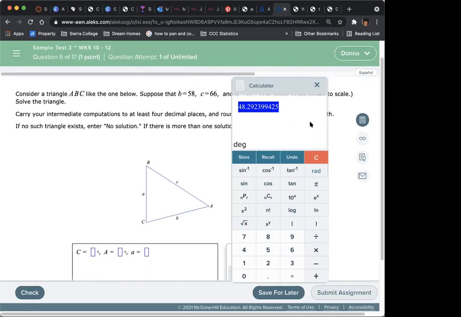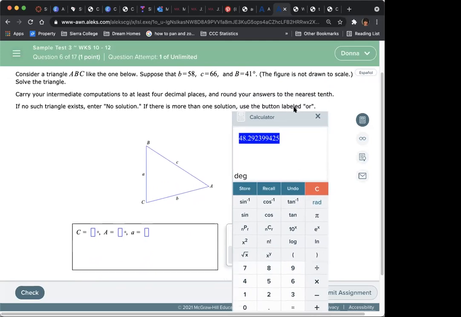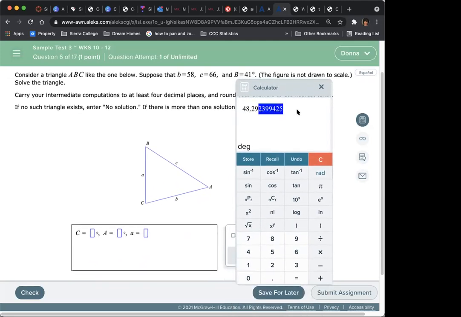They tell us to round the value of that angle to the nearest 10th. So if we round our answer to the nearest 10th, we're going to look at the hundredths place. So since 9 is 5 or more, we raise the score. And so that 48.29 is going to round to 48.3.